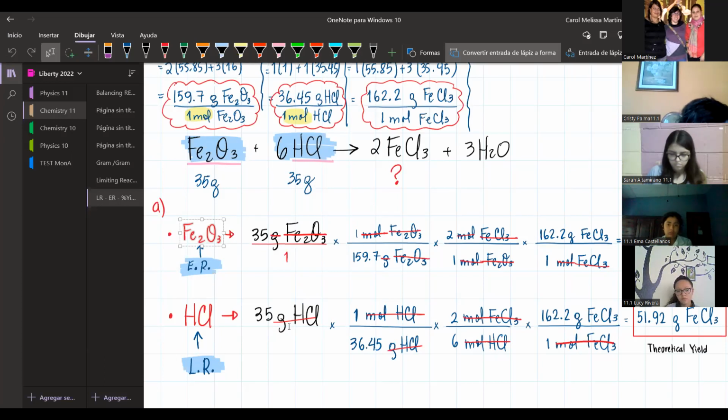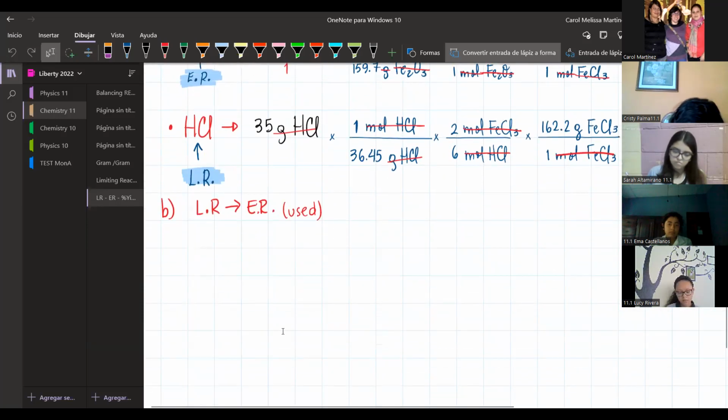Let's work with part B. In part B, you're going to relate limiting reactant with excess reactant. This is going to give me the amount used in the reaction, or the amount consumed in the reaction, okay?